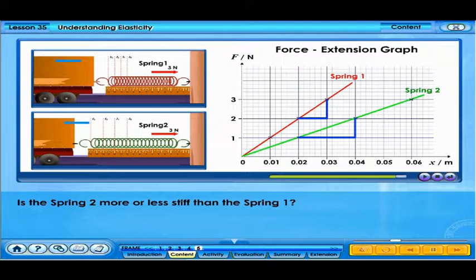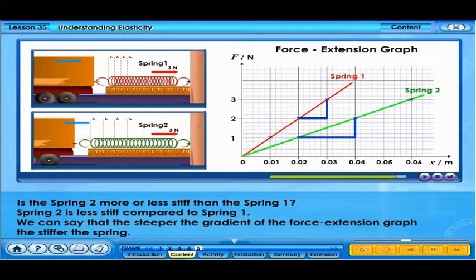Is spring 2 more or less stiff than spring 1? Spring 2 is less stiff compared to spring 1. We can say that the steeper the gradient of the force extension graph, the stiffer the spring.